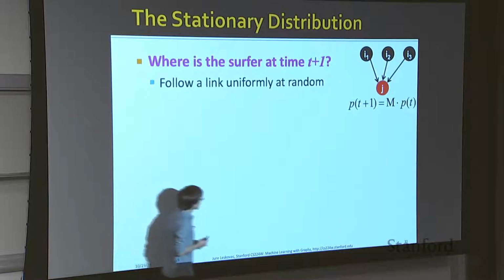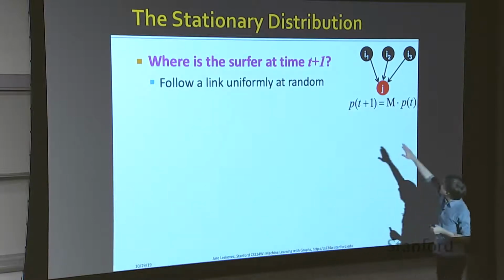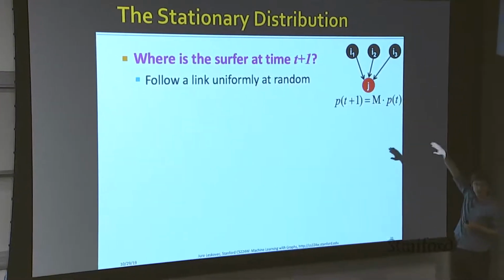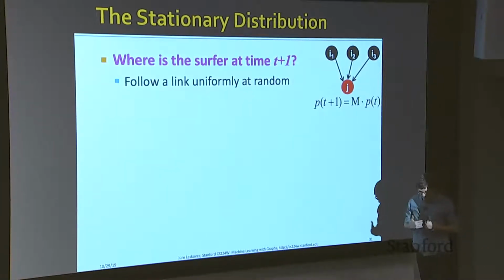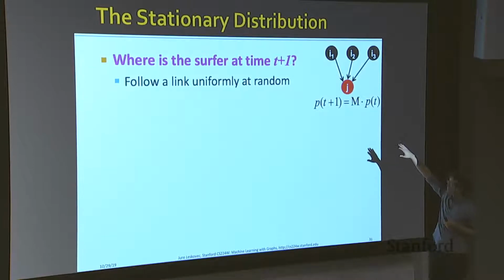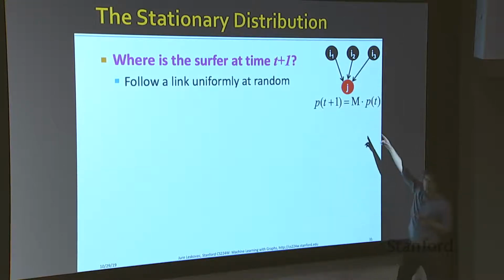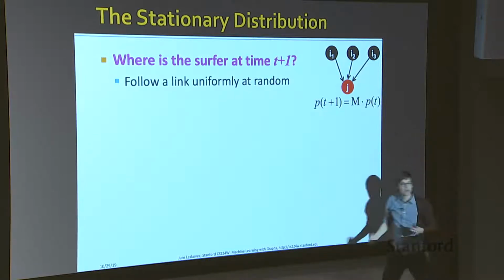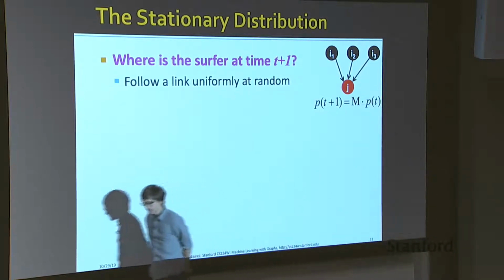Right? And p(t+1), the way I can think of this is, if at time t the surfer is at one of the pages, at the next time the surfer will take one step. So it means that, for example, the probability that at time t+1 the surfer is at page j will depend on the probability that the surfer was at time t at the pages i and their out degree, right?